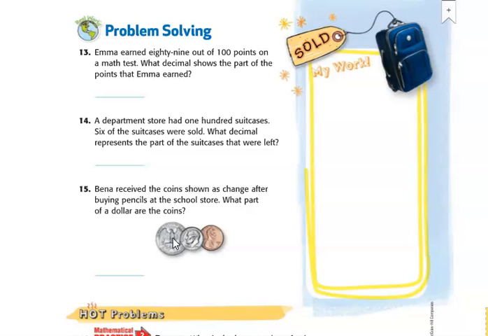And so I'm going to write my sentence. The coins are 36 hundredths of $1. And that's how that one is done.